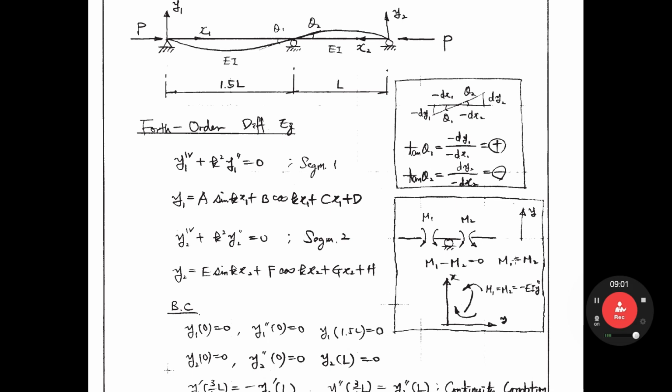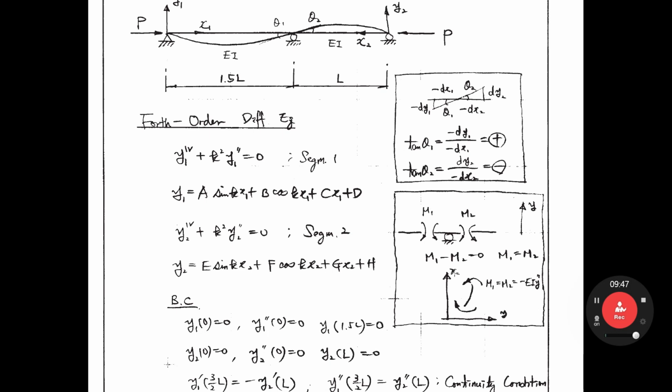If we consider the sign convention, m1 and m2 equal minus EI y2''. As x increases, the rate of slope decreases. This is also the same. That is the sign convention for this fourth order differential equation.